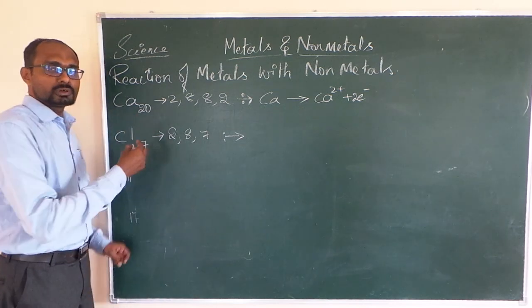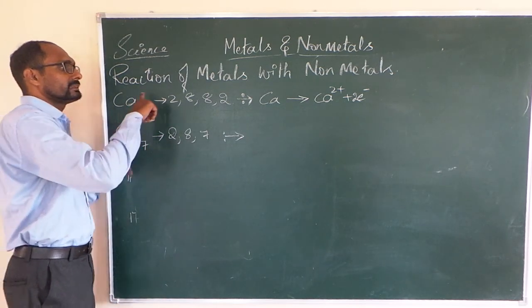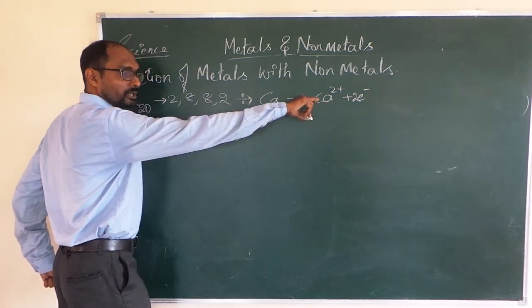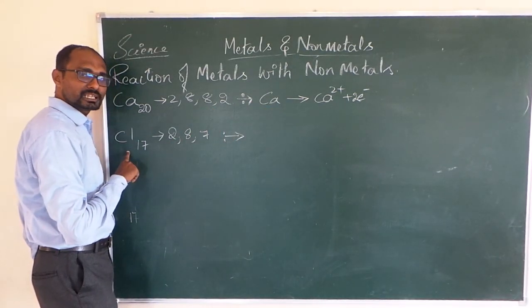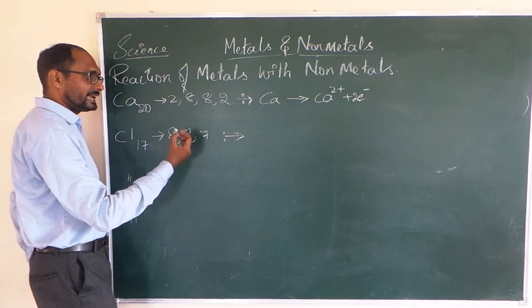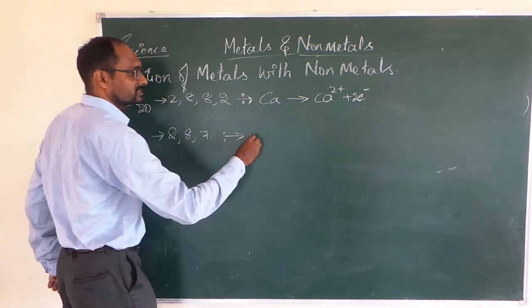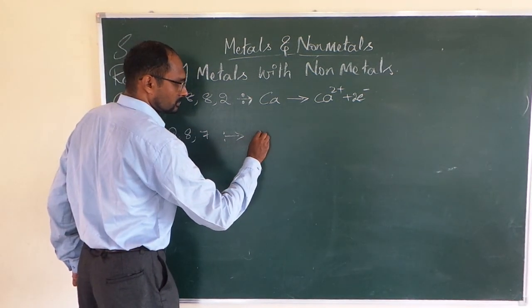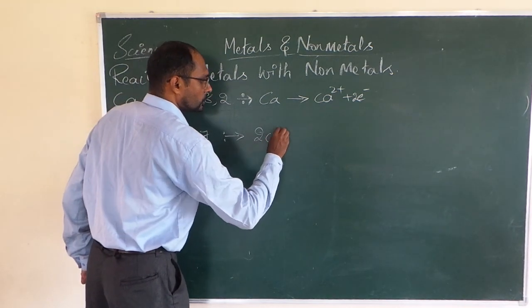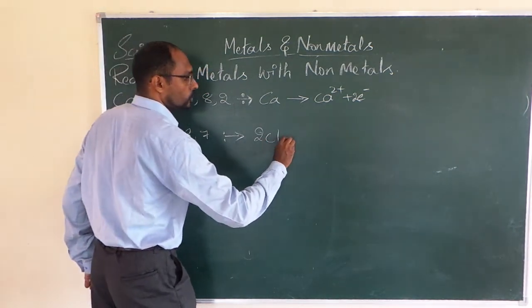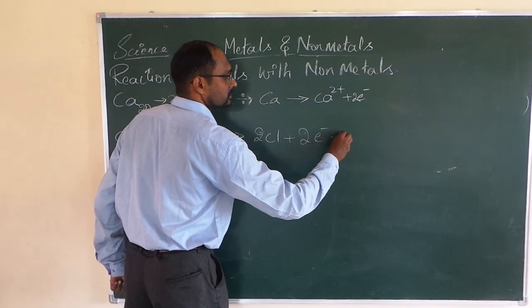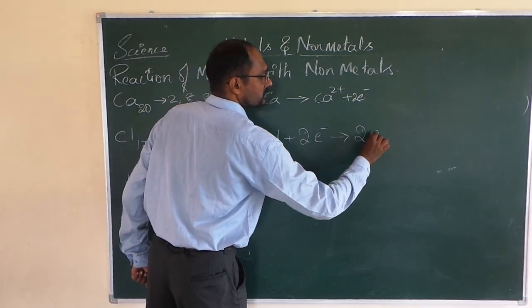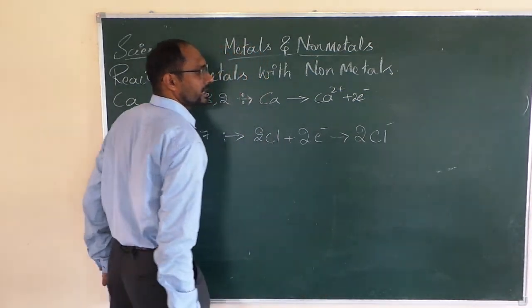Now, try to understand. Calcium is giving 2 electrons away. When that comes in contact with the non-metal chlorine, it gains those 2 electrons. That means 2 chlorines will gain 2 electrons to form 2 chloride ions.